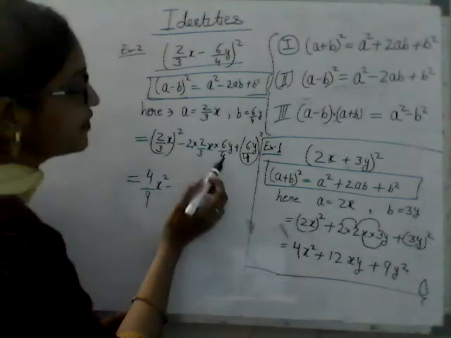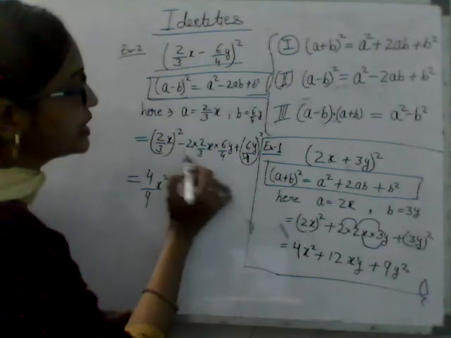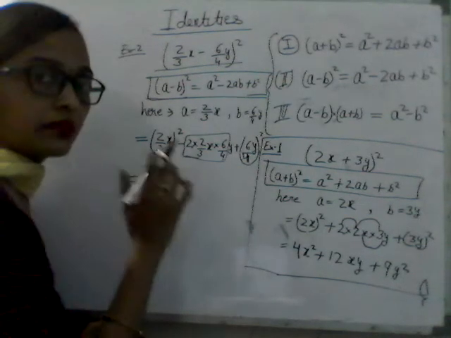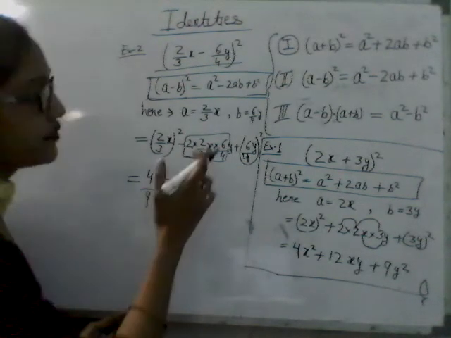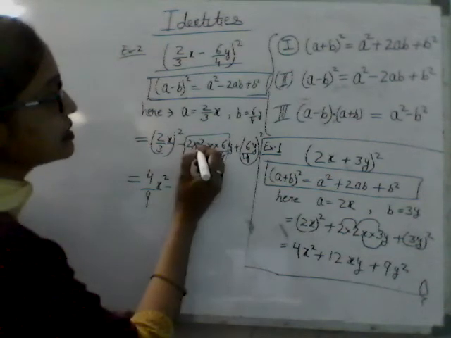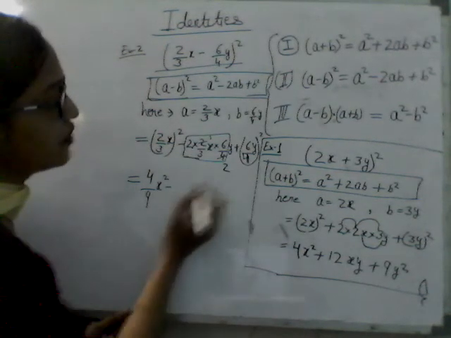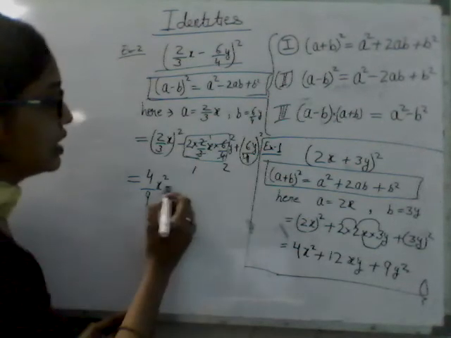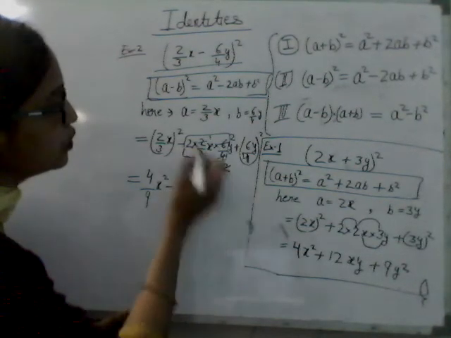Here, if in the numerator and denominator two numbers are multiples of the same number, we can cancel them. 2 ones are 2, 2 twos are 4. 3 ones are 3 and 3 twos are 6. Again 2 ones are 2.